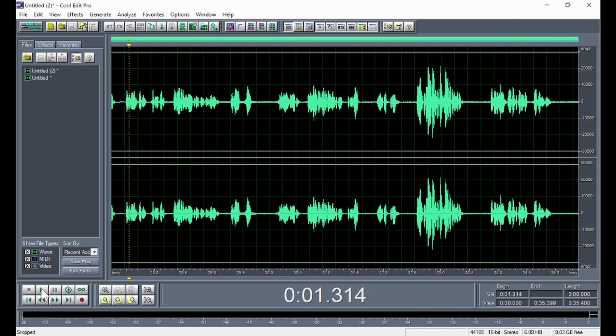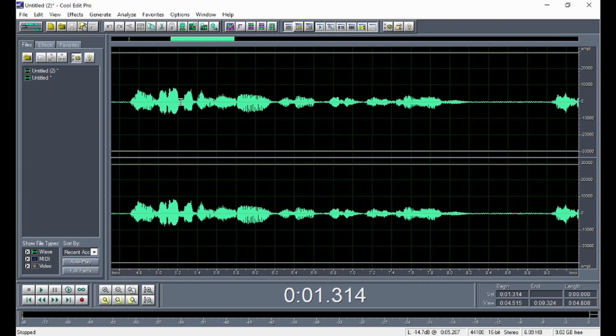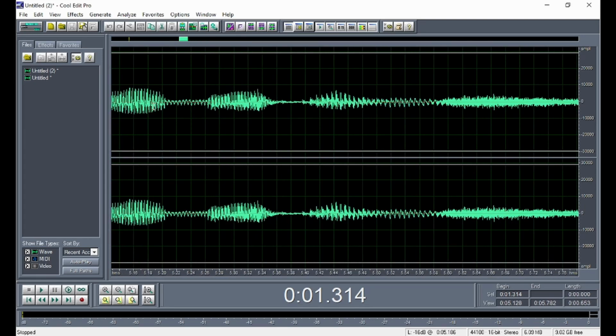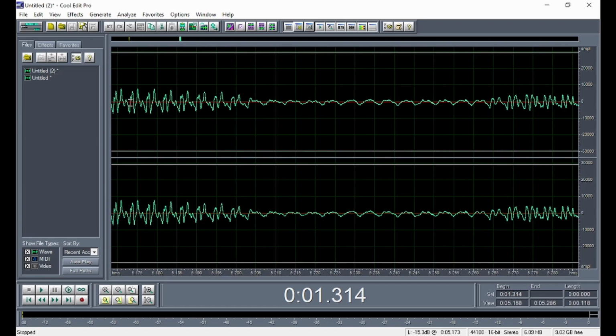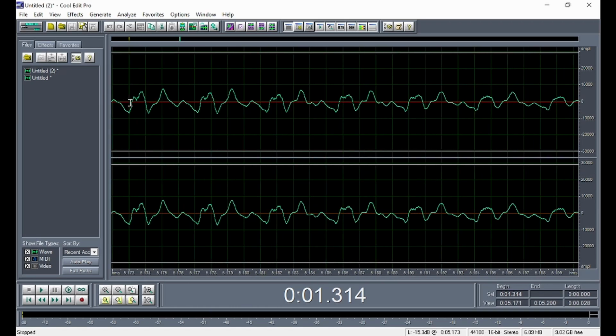Now these waves, are you here? I'm going to zoom in. Let me zoom into the waves. You see how the wave has become? When you zoom in, you realize that they are just lines.